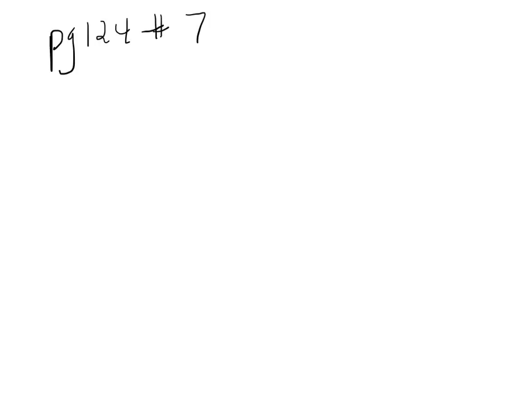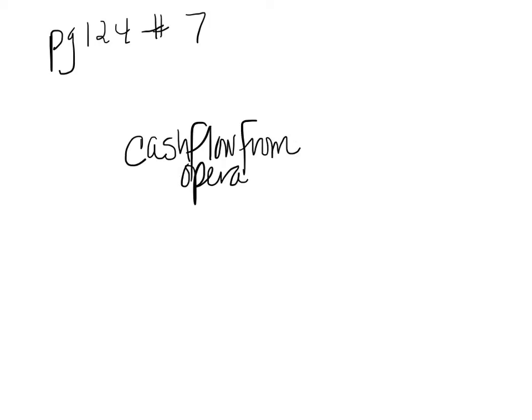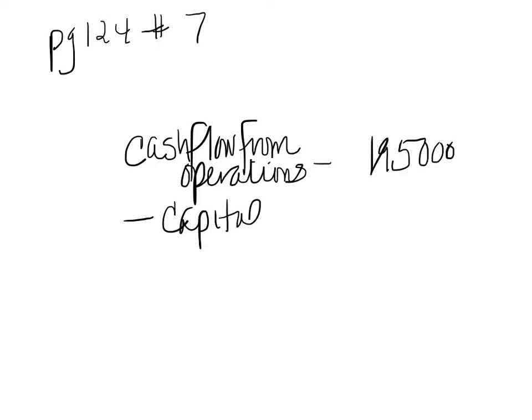We don't care about the net income. What we care about here is the cash flow from operations, which is $195,000. We're going to subtract the amount that we bought equipment for. That's our capital expenditures, which were $45,000.